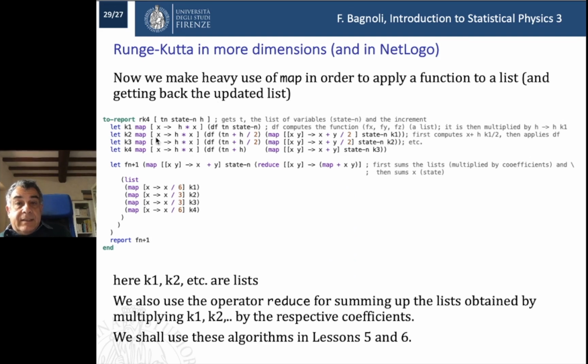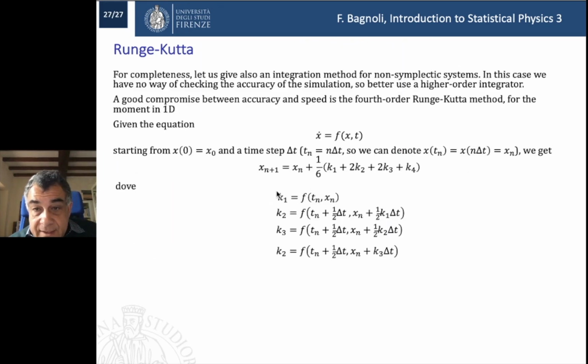And be prepared to study how NetLogo deals with maps, because with lists essentially we use map. Map is a way of applying a certain piece of code to all elements of the list. So essentially, this is the representation of this step here, where f is the computation of the derivative.